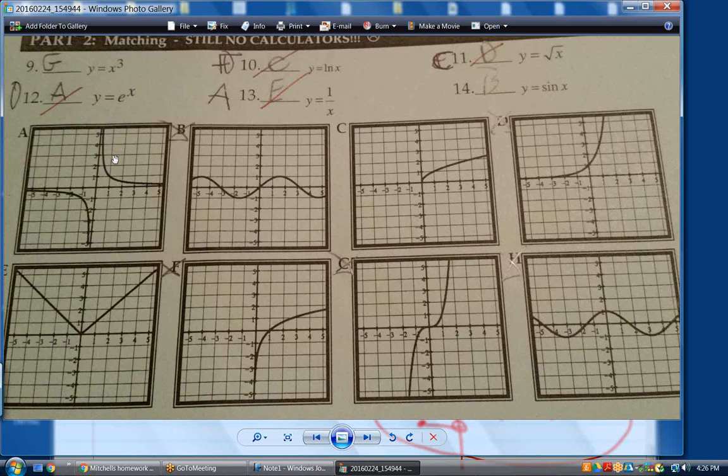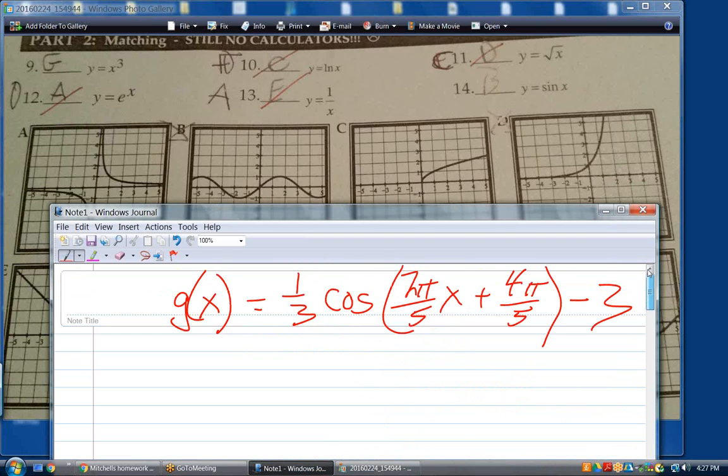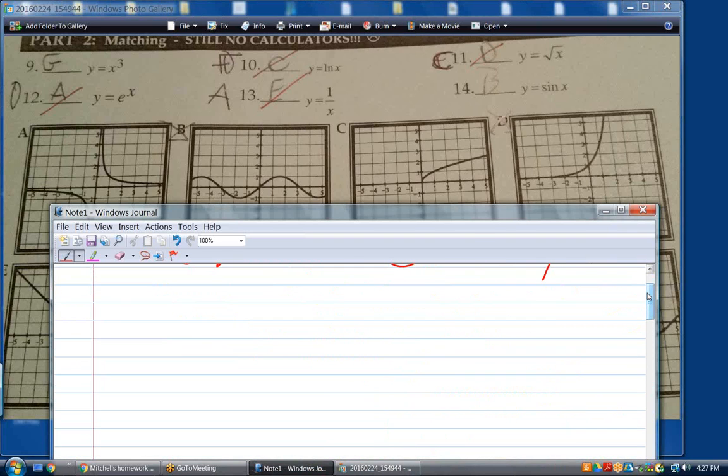This is hyperbolic in nature. There's a ton of functions that are hyperbolic, and they all end up with some form of x in the denominator. Another example of a hyperbolic function would be y = x plus 1 over x minus 1.